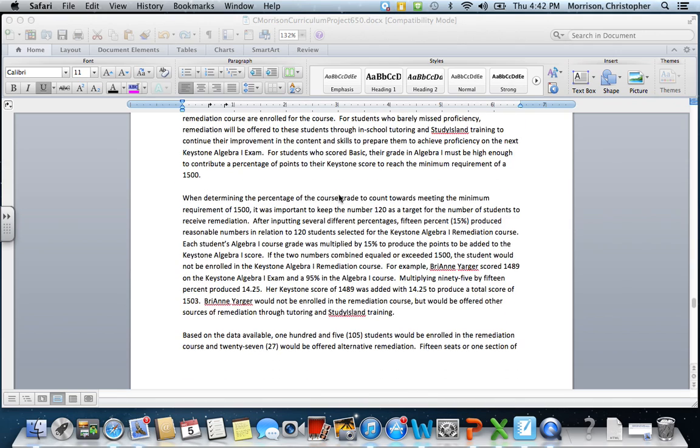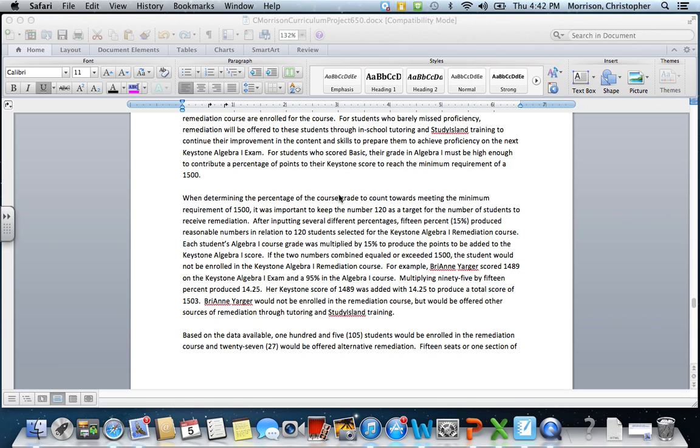As I worked with the data, I began to plug in different percentages to find out what kind of numbers I would get for students who would be enrolled in remediation. So I began using the number 25%, and then I used 20%, and the number that I fixed on was 15%.